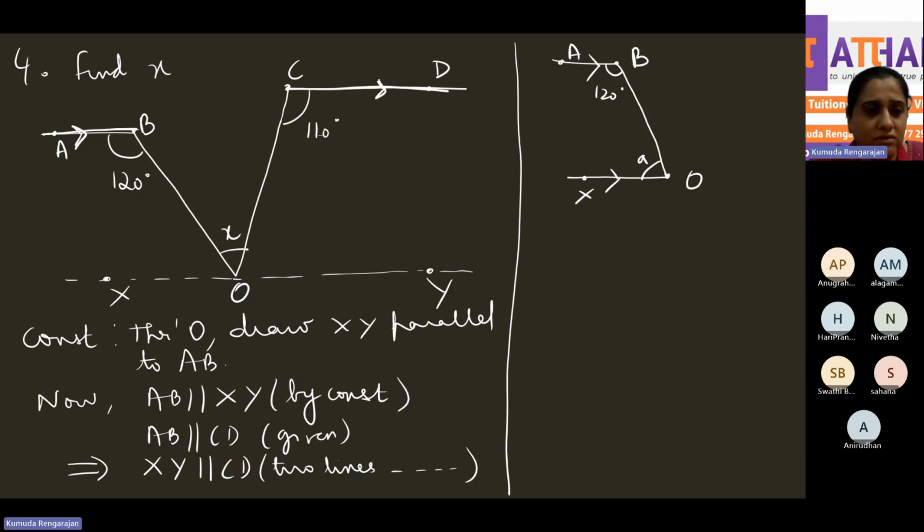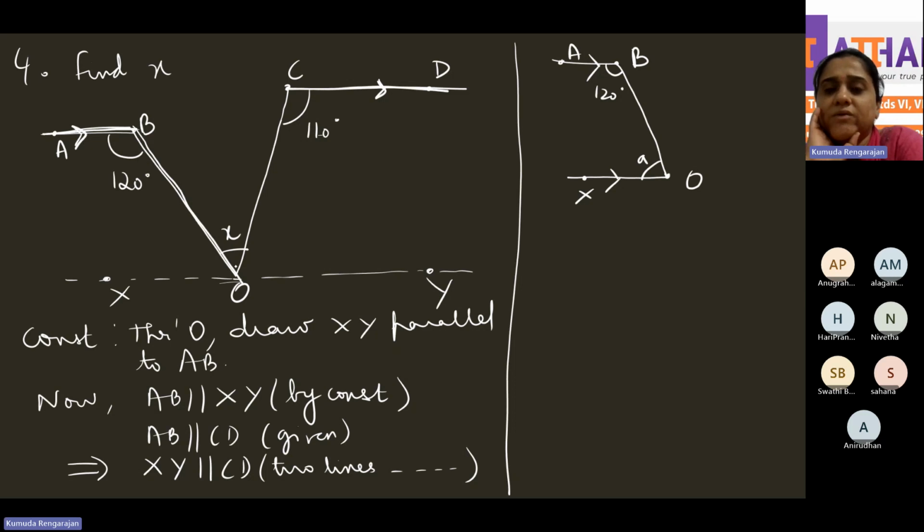Can you see that C here? Ulta C. AB, transversal and OX. All of you, what will you write? AB parallel to OX, or you can write XY also. OX, XY, all the same.